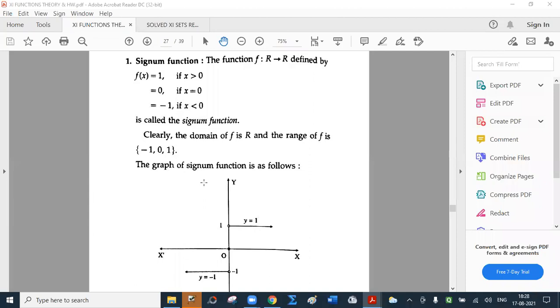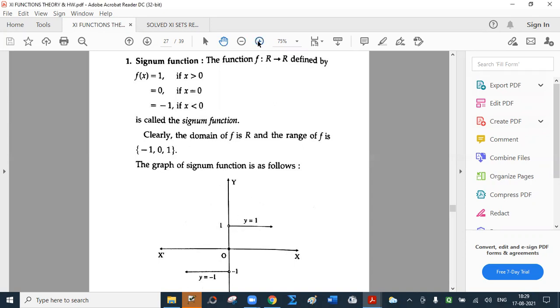Now the graph of this function is interesting. See, f of x is always 1 when x is positive. Now positive means not 0. 0 is neither negative nor positive. So see the cursor. These are the positive numbers, right? So for all of them, the value of y is always 1.